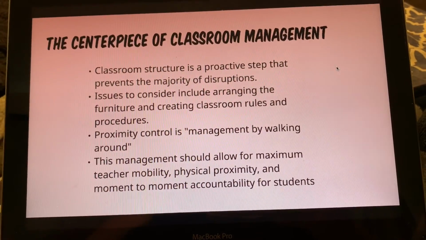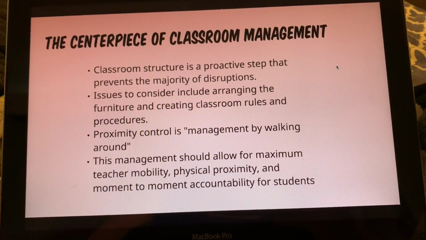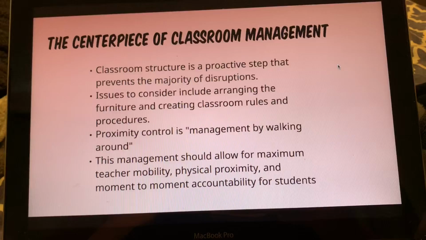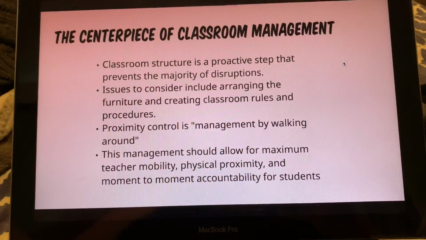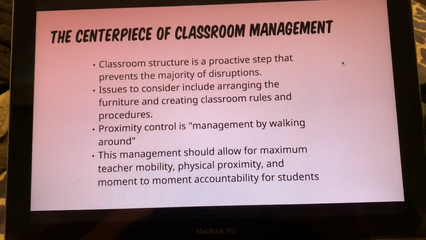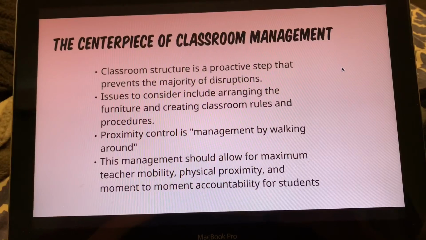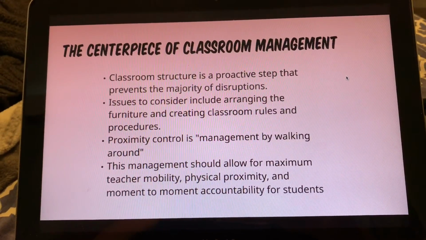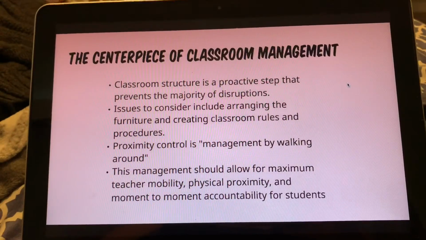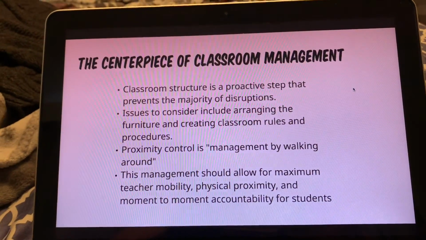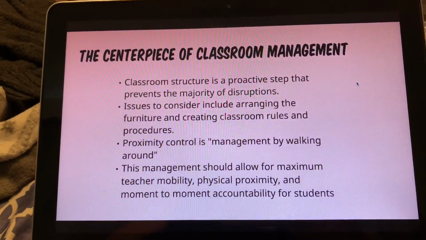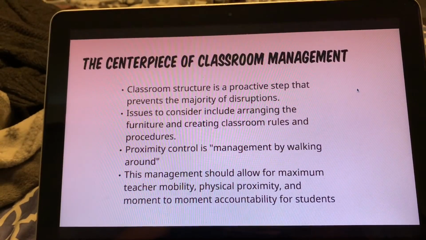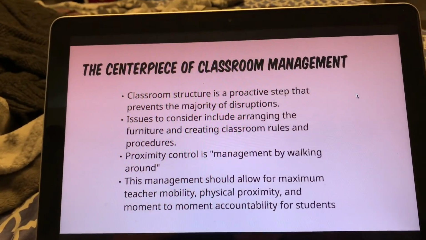So this management should allow for maximum teacher mobility, physical proximity, and moment-to-moment accountability for students. There must be walkways so that the teacher can reach each student quickly. And the best possible room arrangement is the one that puts the least amount of distance and the fewest barriers between the teacher and any student or area in the classroom.